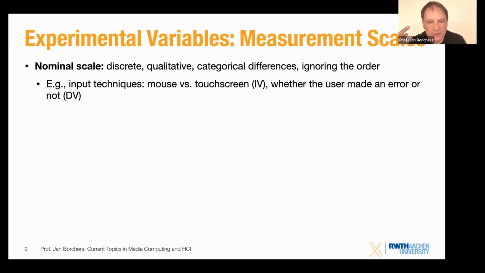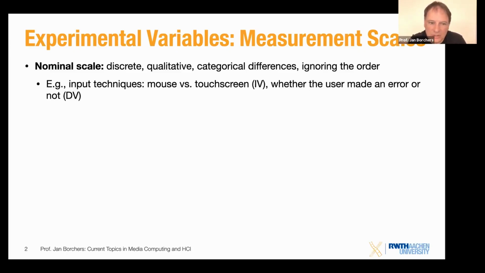Basically, the further down the list we get, the better for you. What I mean by this is the further down we get in this list, the more statistical methods you can apply to your data. You can't apply the same analysis method to every kind of data that you're measuring, and we're going to see why in just a second.